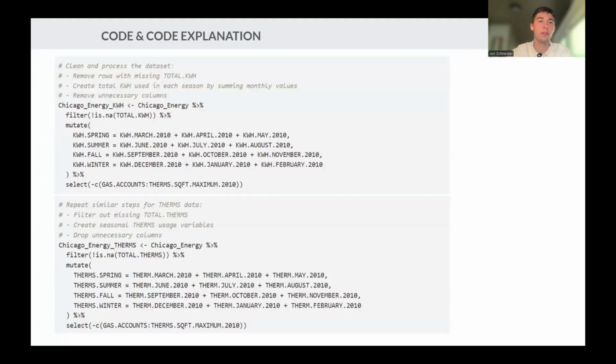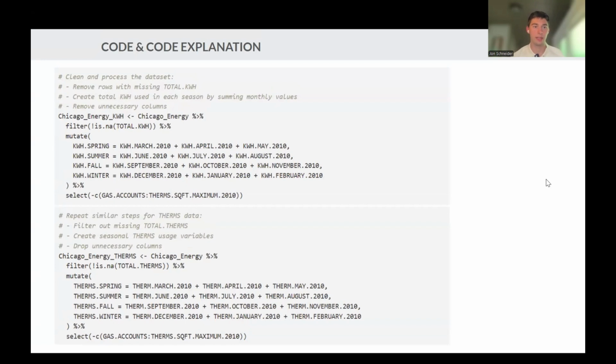So first off, here is some of our code for the cleaning process. It was the same process for the therm and kilowatt hours, but I've included both of them here. These lines remove any rows with values missing in the total kilowatt hours or total therm variable, since those observations are not going to give us any data.